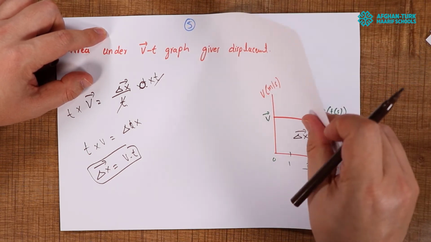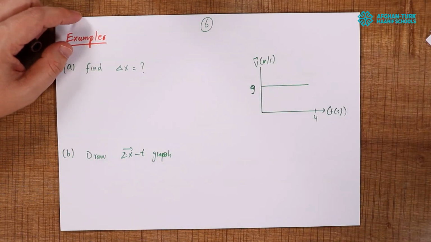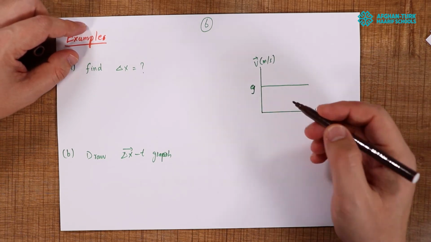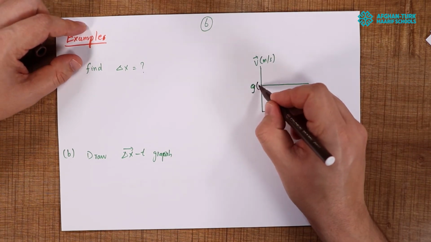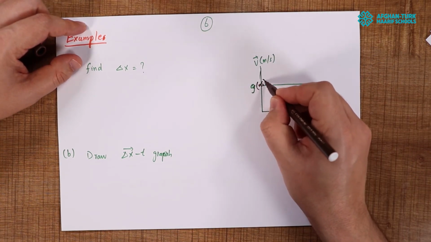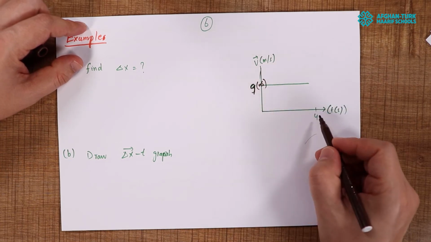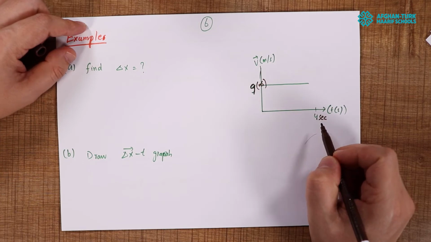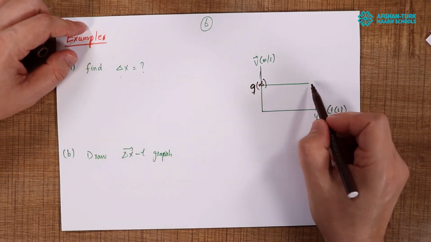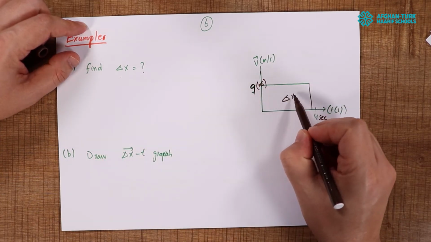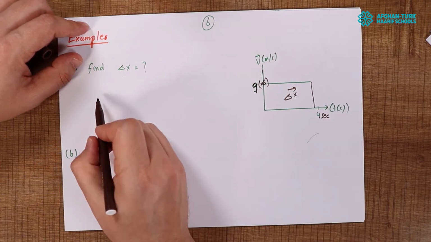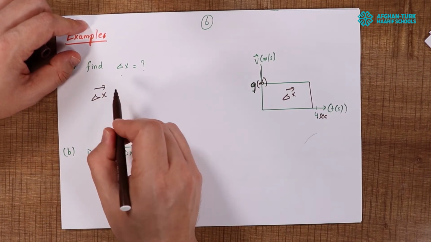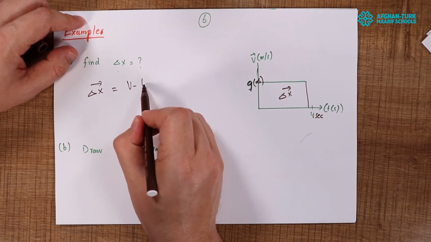Now let's see another example. For example, here the velocity is 9 meter per second. The velocity is given and the time is also given, which is equal to 4 seconds. So first we find the displacement like this. We know that displacement is equal to vt.